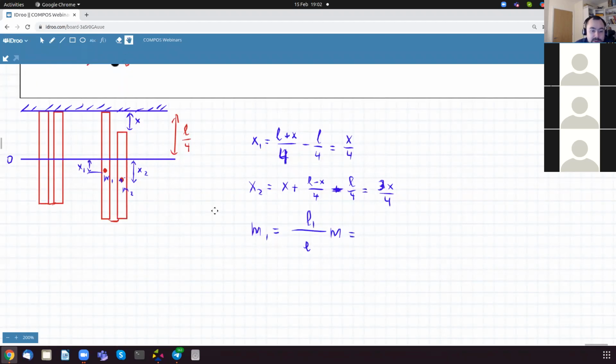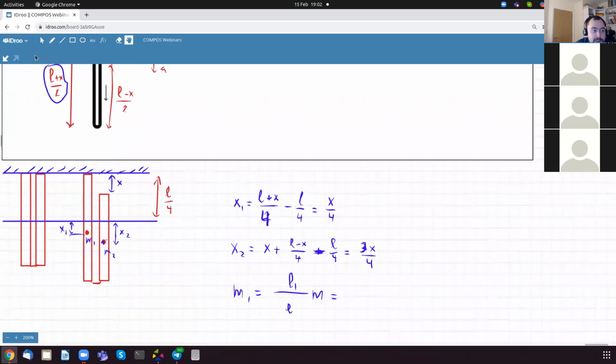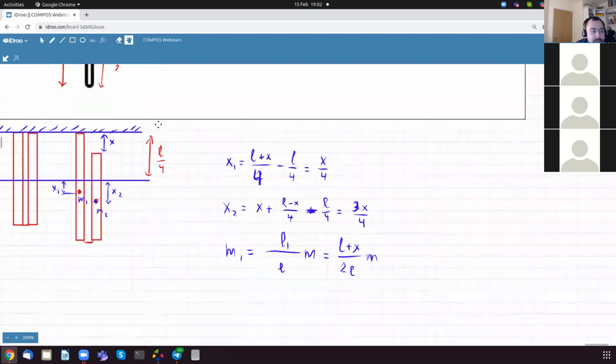And L1 is L plus X over 2. So M1 is L plus X over 2L times M. That's the mass of the first bit of the rope. The mass of the second bit of the rope, very similarly, is L minus X over 2L times M.